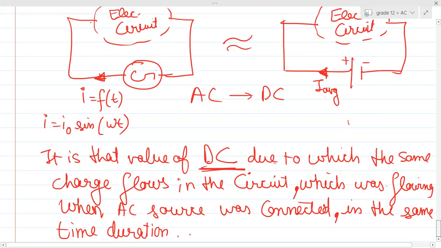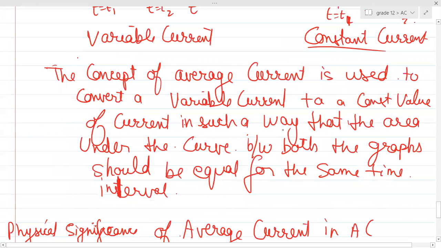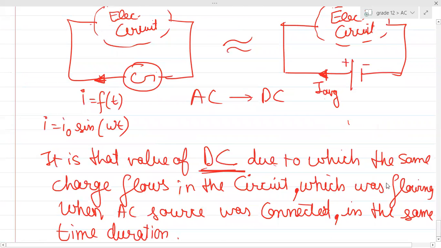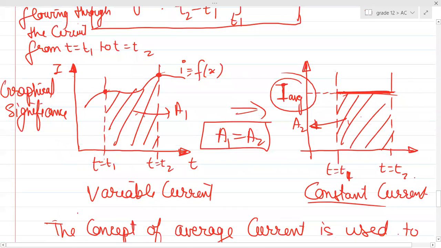So can you see, I basically did the same definition on this graphical analysis only. The area under the curve between both the graphs, in the case of current time graph, what is the area under the curve? It is basically the charge, right?